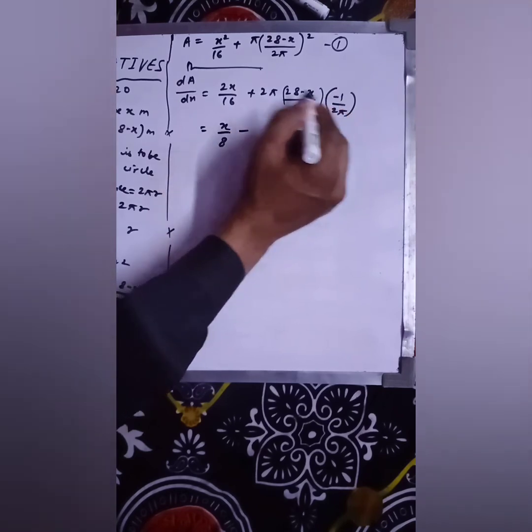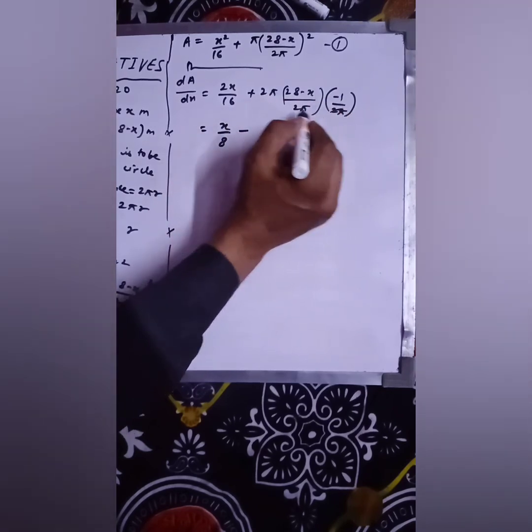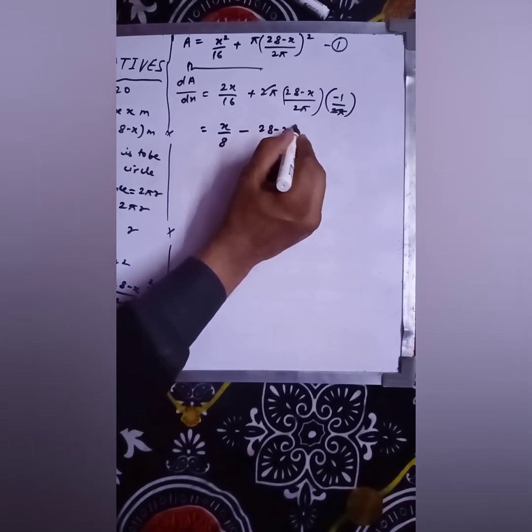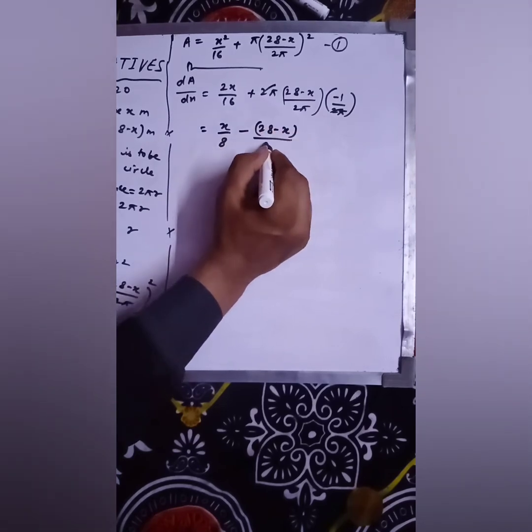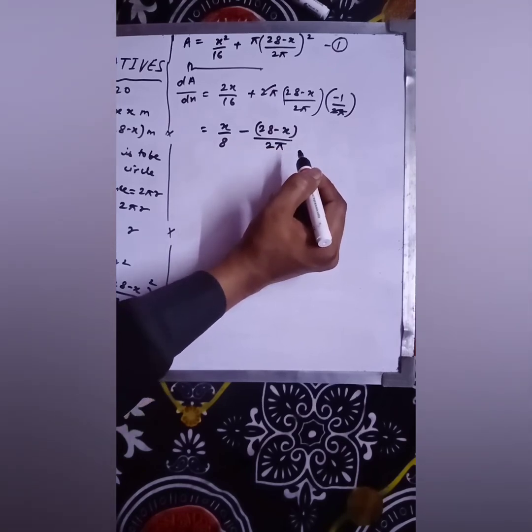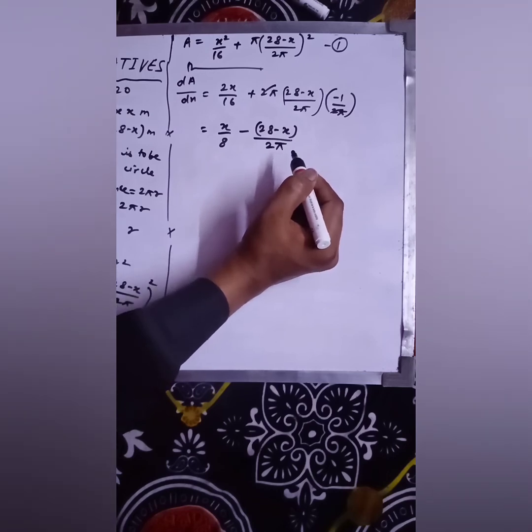The minus sign will come here, and the 2 pi and 2 pi will cancel out, and you will get 28 minus x over 2 pi. Fine.